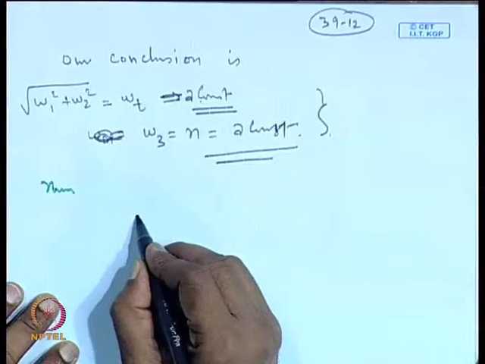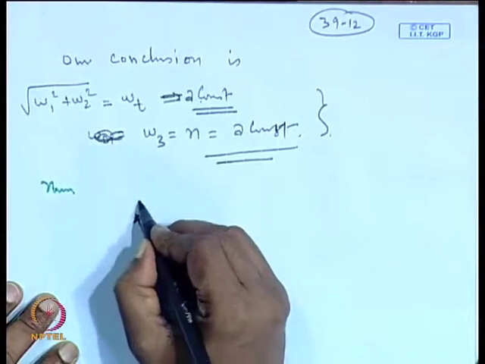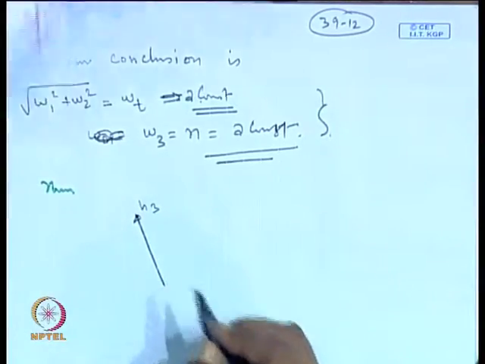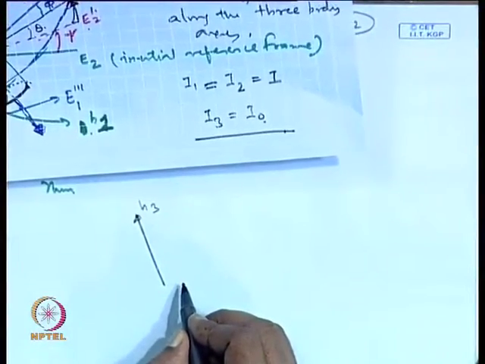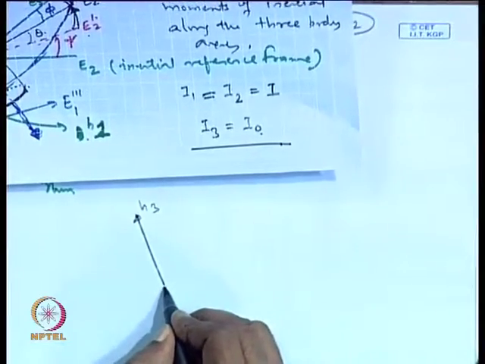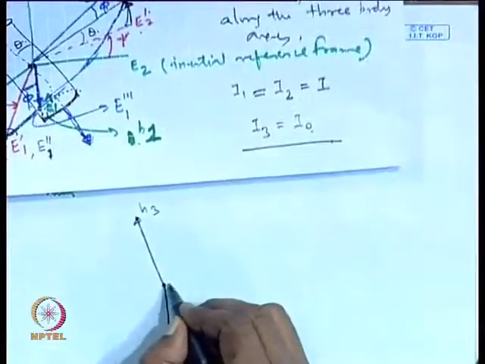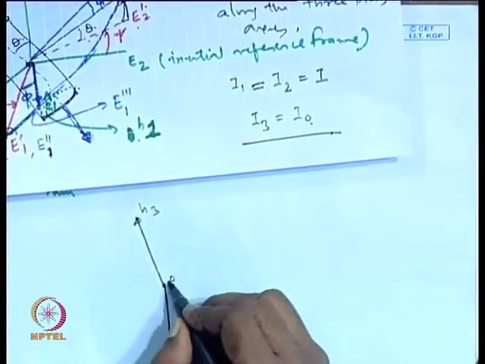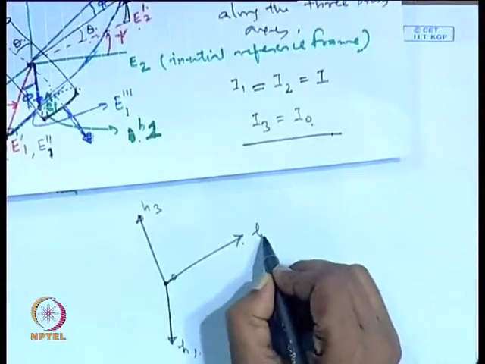Say we have the H3 vector along the third body x, which is here, and we are getting in this direction the H1 and H3 we have shown as in this.